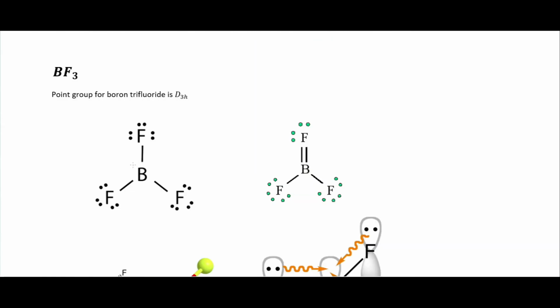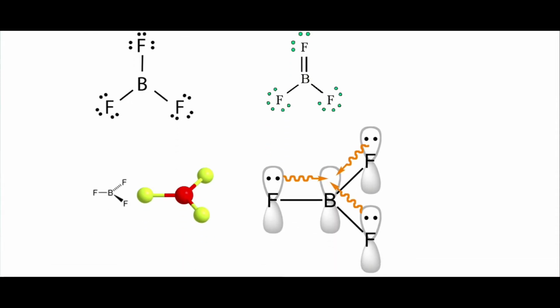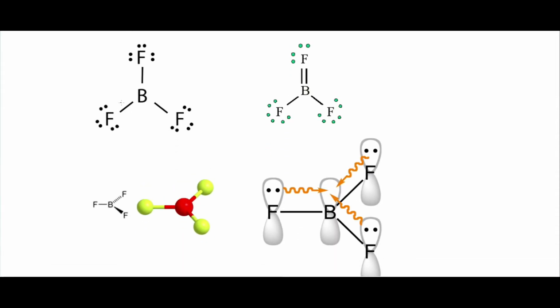So we can do the same thing for boron trifluoride, which has a D3H character or point group. Here I'm just showing some of the ways you'll actually see the Lewis structure for boron trifluoride. Sometimes you'll see it like this. Sometimes you'll see it where they give it this double bond here, and this will often be shown with resonance structures.